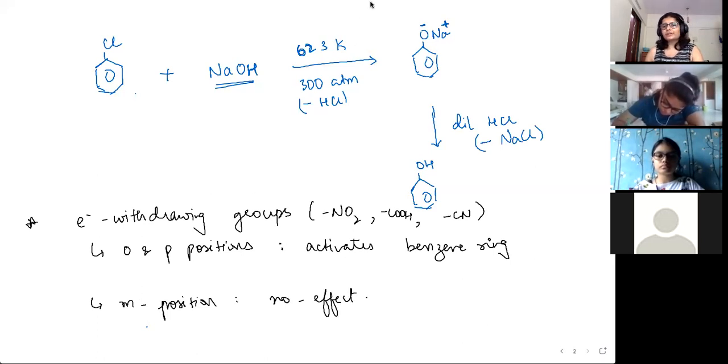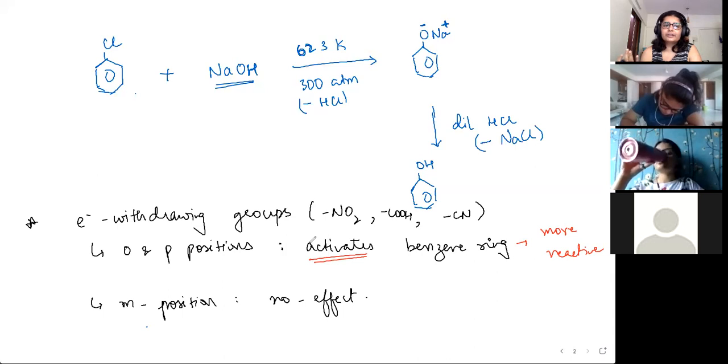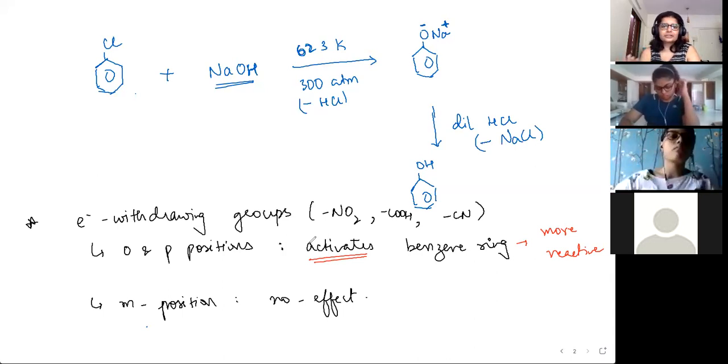So this is important because activating the benzene ring means it makes it more reactive. It makes it more like you have clearly defined places where it is electron rich and conducive for reaction, more reactive in general.